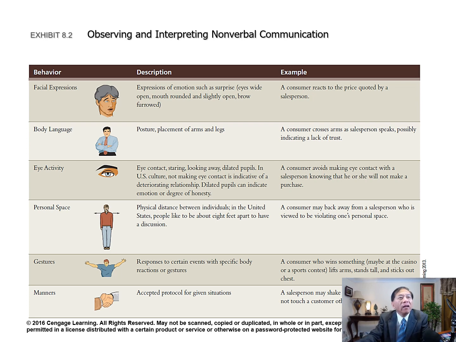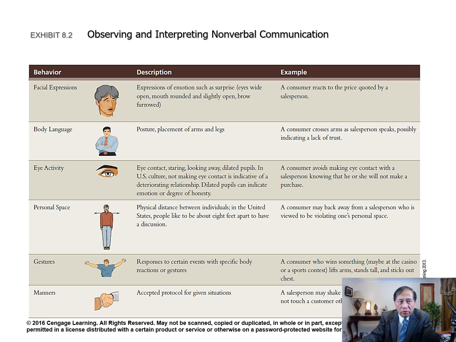Eye activity: eye contact, staring, looking away, dilated pupils. In U.S. culture, not making eye contact is indicative of a deteriorating relationship. A dilated pupil can indicate emotion or degree of honesty.